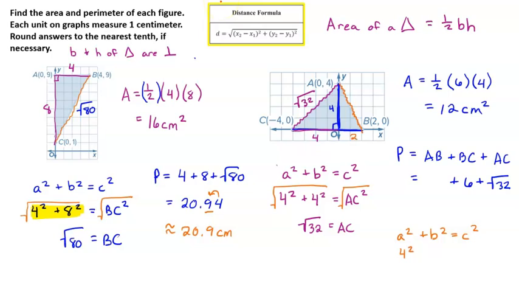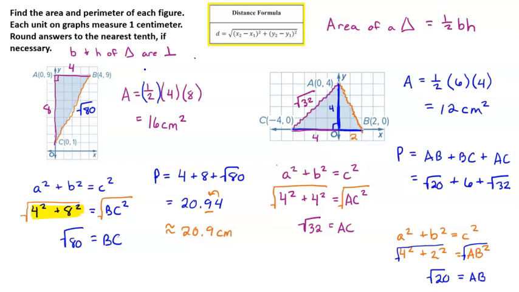And so 4 squared plus 2 squared equals AB squared. And then I can take the square root of both sides. That's going to be 16 plus 4, so that's going to be the square root of 20 is equal to AB.